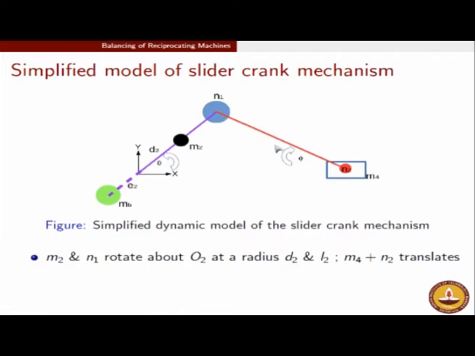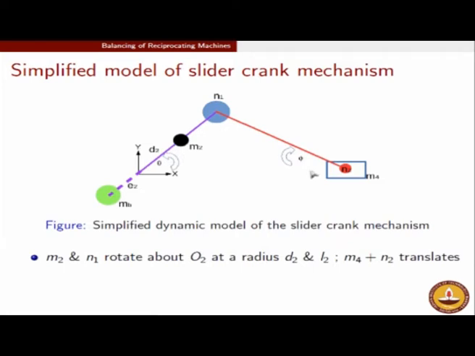The crank and piston were easy. The crank, let us say, has a center of mass as indicated by this black dot. As the crank is rotating, there will be m2 omega square d2, which is the inertia force associated with the crank rotation.